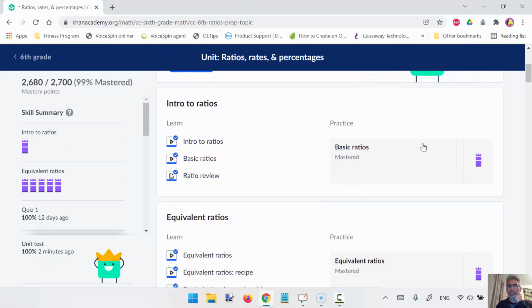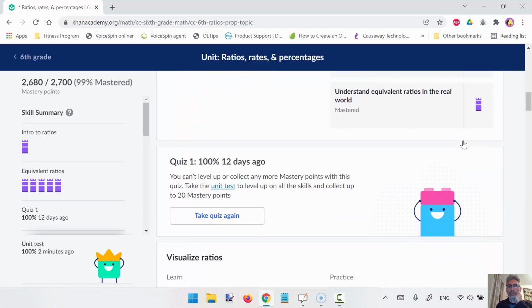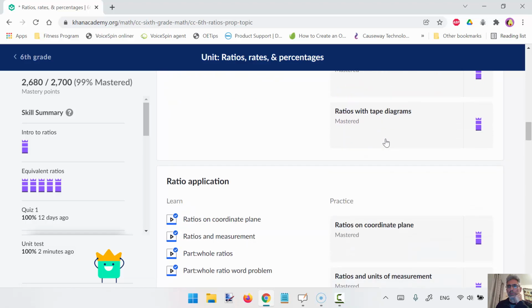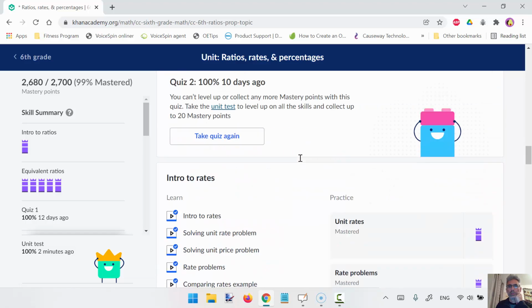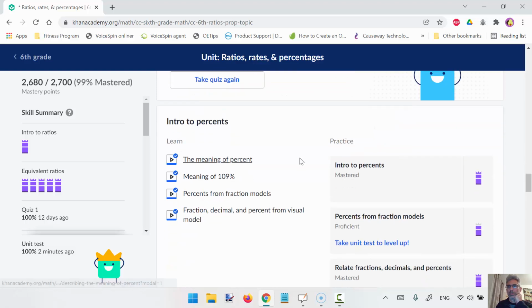Here I've seen everything, I've done the practice, done all the practice. No, I'm not going to take the unit test again for this.